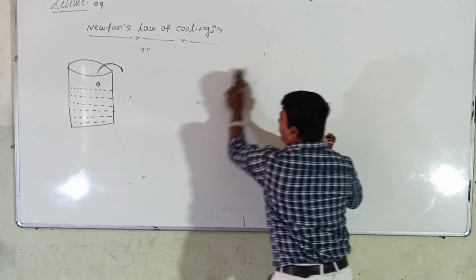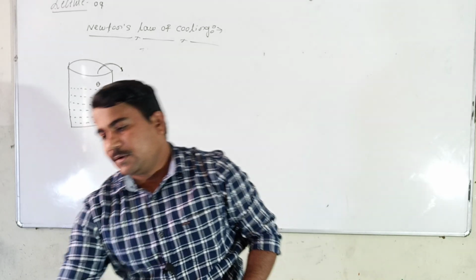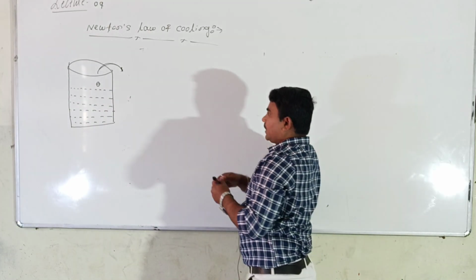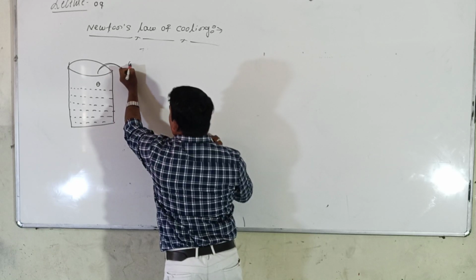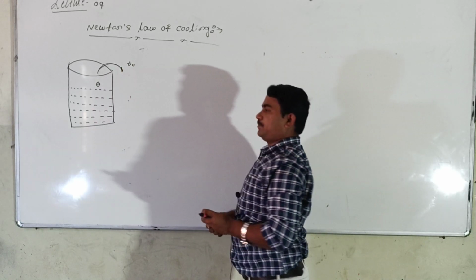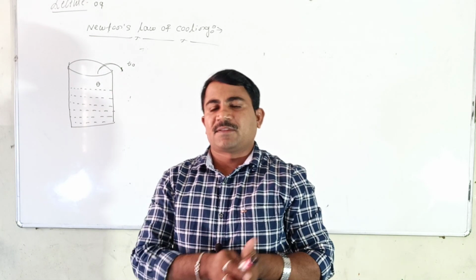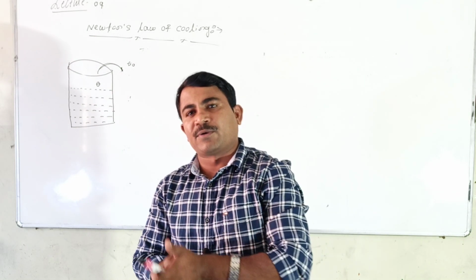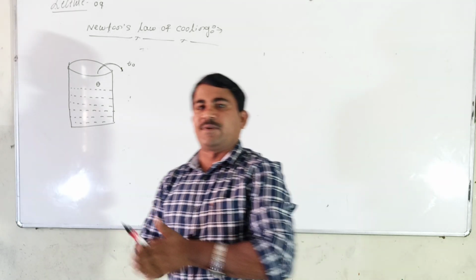What to do here? Now theta represents the temperature of the hot liquid and theta naught represents the temperature of the surrounding. According to Newton's law of cooling, what does it say? The rate of heat flow is directly proportional to the temperature difference between system and surrounding.